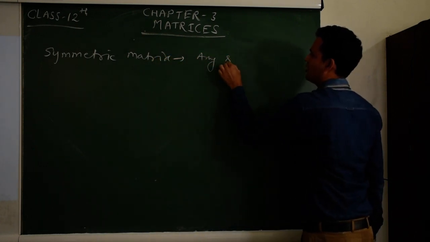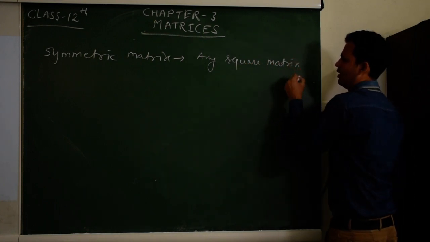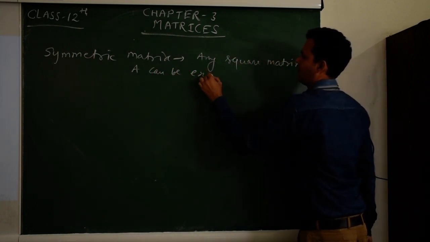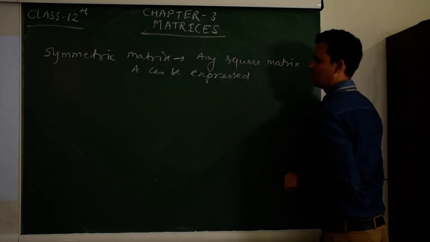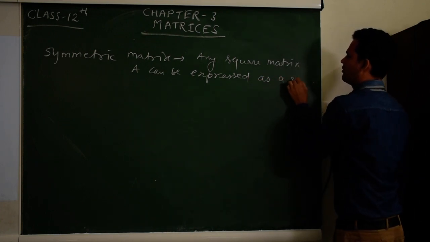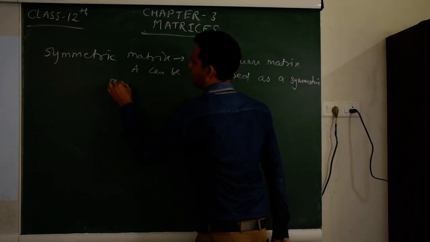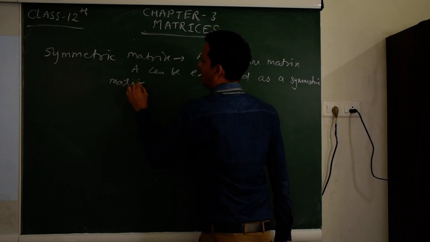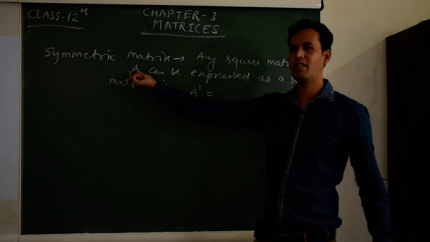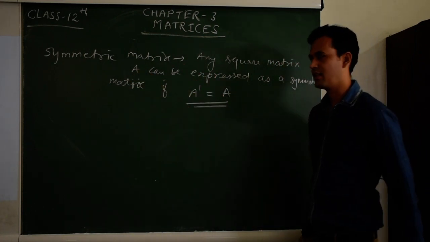Any square matrix A can be expressed as a symmetric matrix if A transpose, meaning transpose of that matrix, is equal to A. This is the property of symmetric matrix.